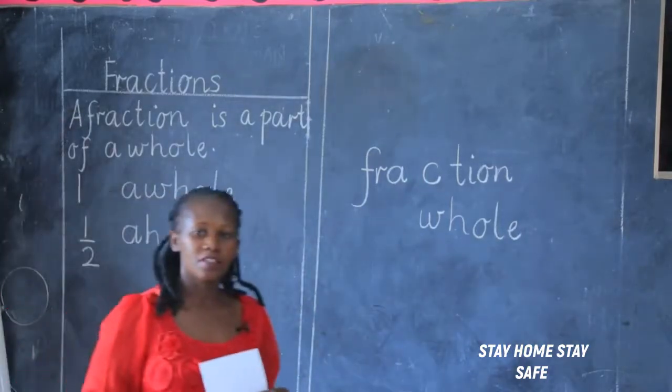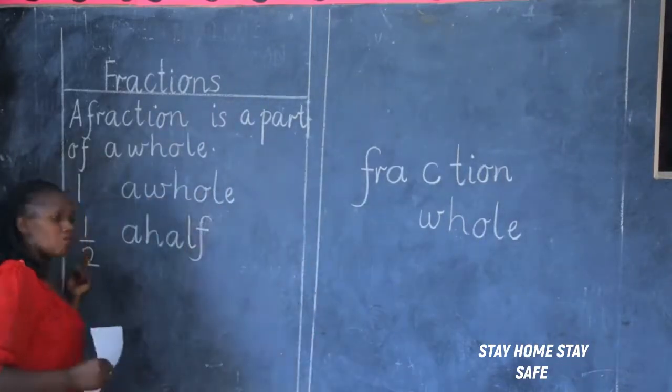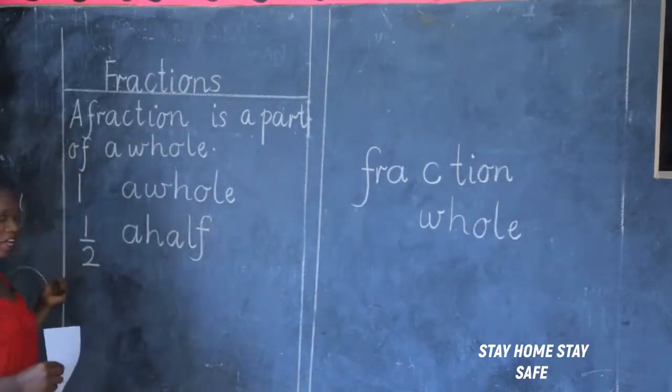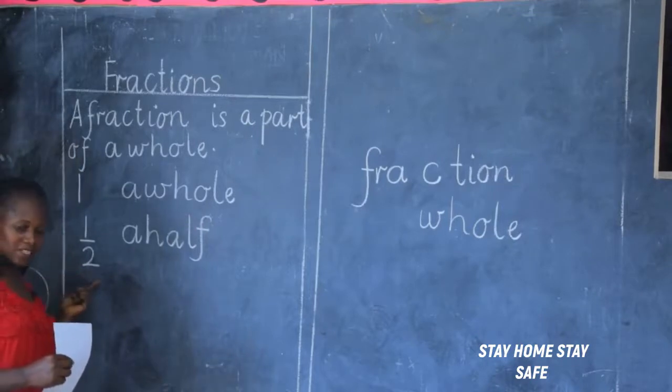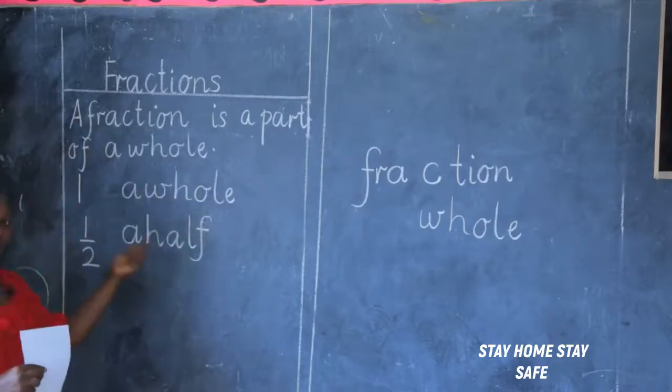What is it called? A half. A half means 1 out of 2 parts. That is a half. Okay? Remember, I started with a whole, then I made a half.